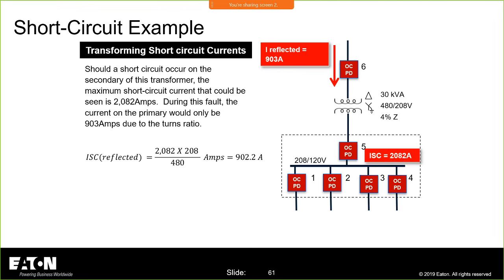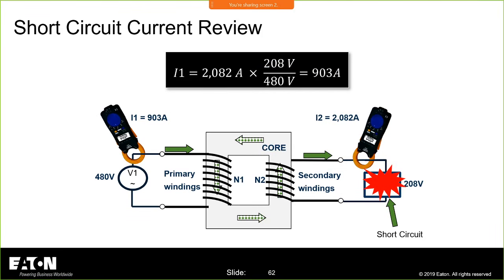So in that case, I had 2,082 amps on the secondary. I reflect that up based upon the turns ratio, and the primary device will see 903 amps. All right. So if I put a meter in that secondary, I would see 2,082 amps, but I would only see 903 amps on the primary.